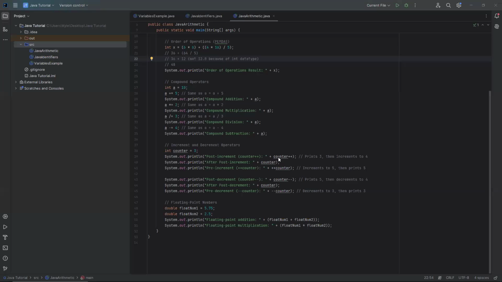In this case, counter is going to print 3 and then increment to 4. So after the post-increment, we can just print out the counter again. And with pre-increment, it will increment to 5, then print 5.